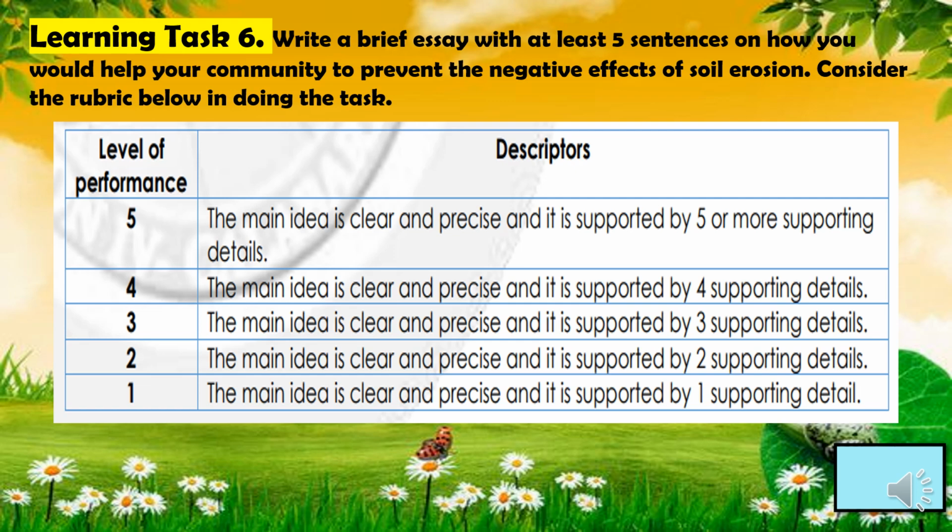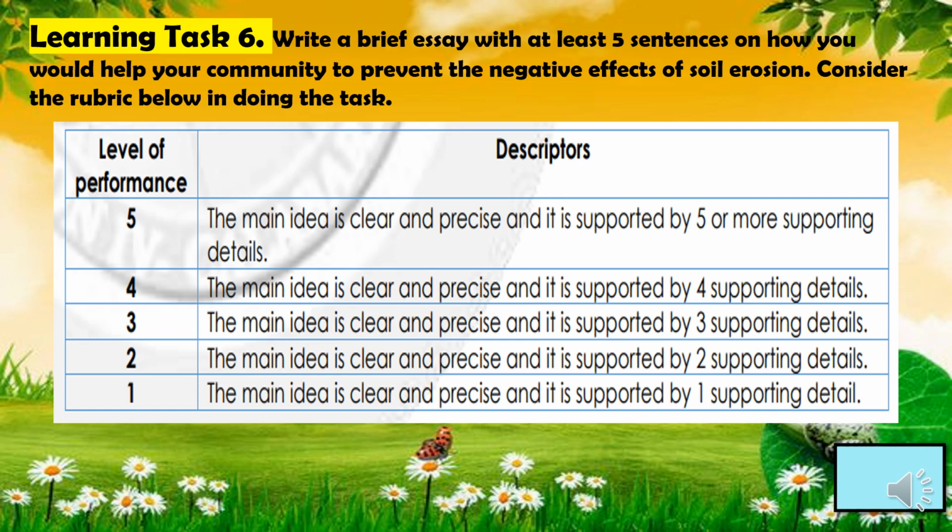So you will get 5 points if the main idea is clear and precise and it is supported by 5 or more supporting details. You will get 4 points if the main idea is clear and precise and it is supported by 4 supporting details.